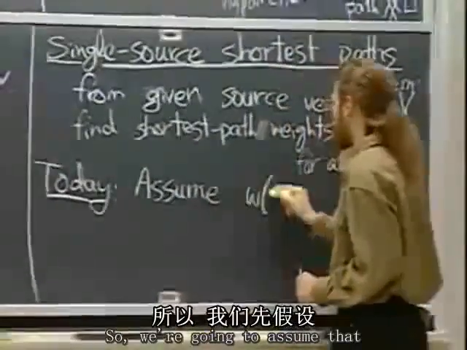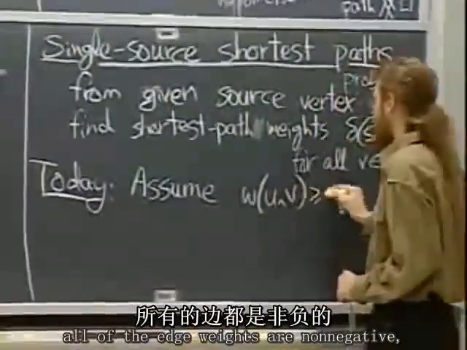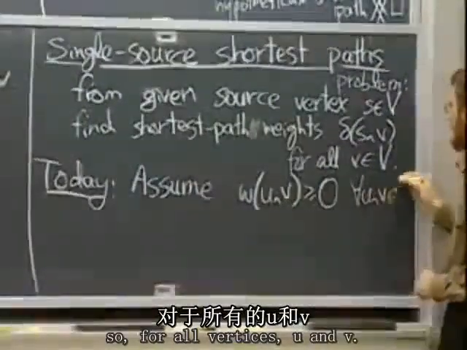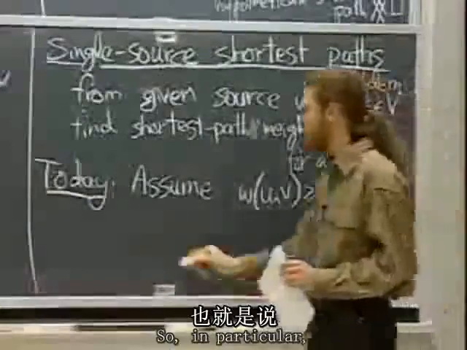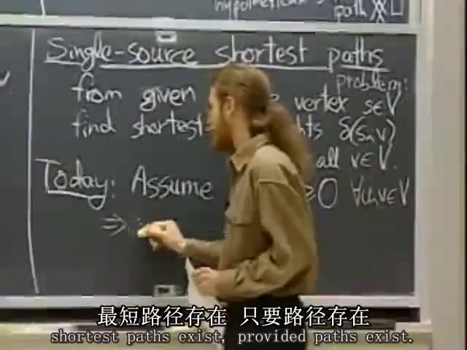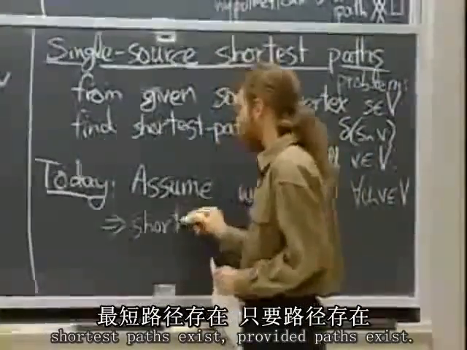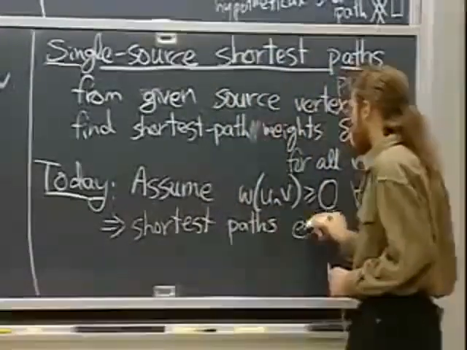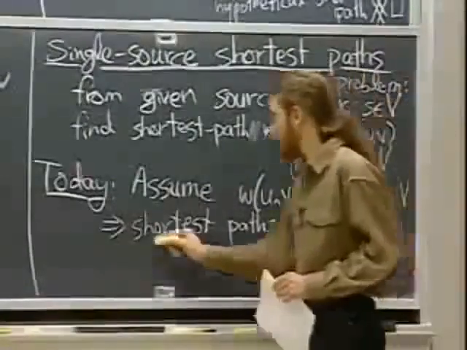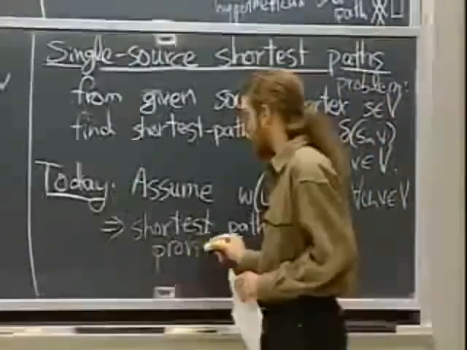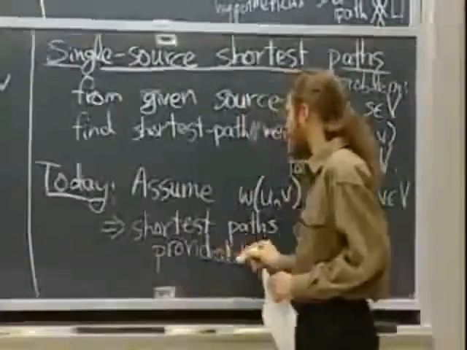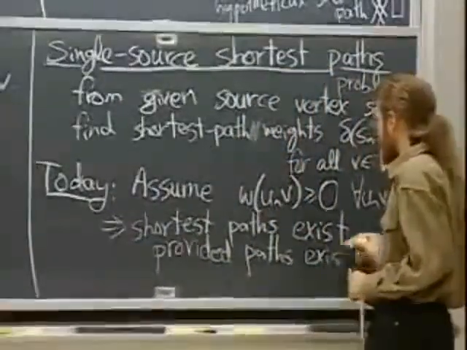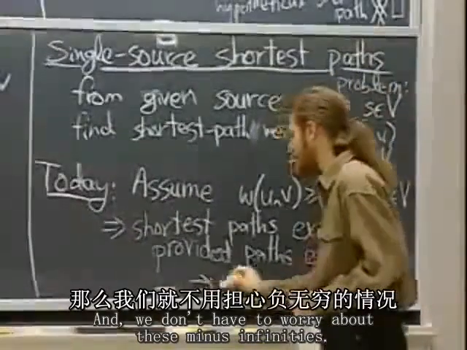So we're going to assume that all of the edge weights are non-negative, for all vertices U and V. So in particular, shortest paths exist, provided paths exist, and we don't have to worry about these minus infinities.